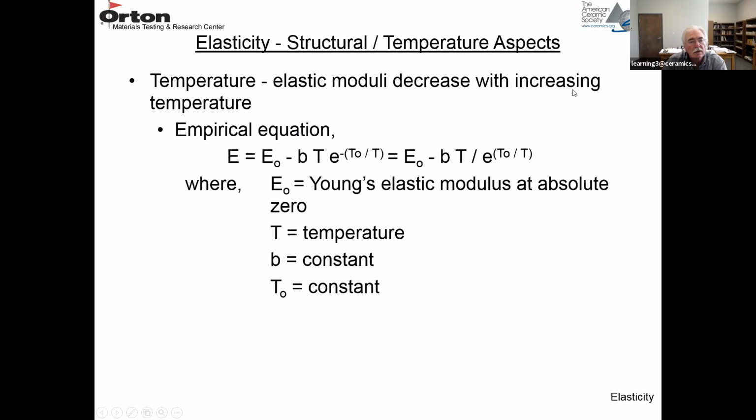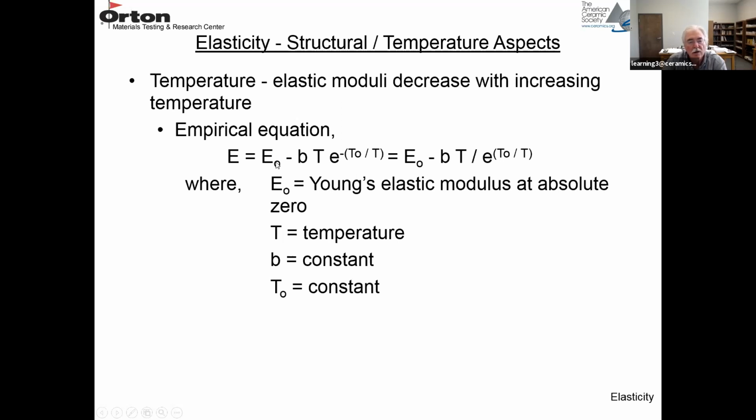The elastic moduli decrease with increasing temperature. So here's another empirical equation that describes the decrease in elastic modulus with temperature. T is the temperature, and this empirical equation takes E0 as Young's elastic modulus at absolute 0. And then as you increase the temperature, the elastic moduli decrease. In this equation, B is a constant, T0 is a constant.